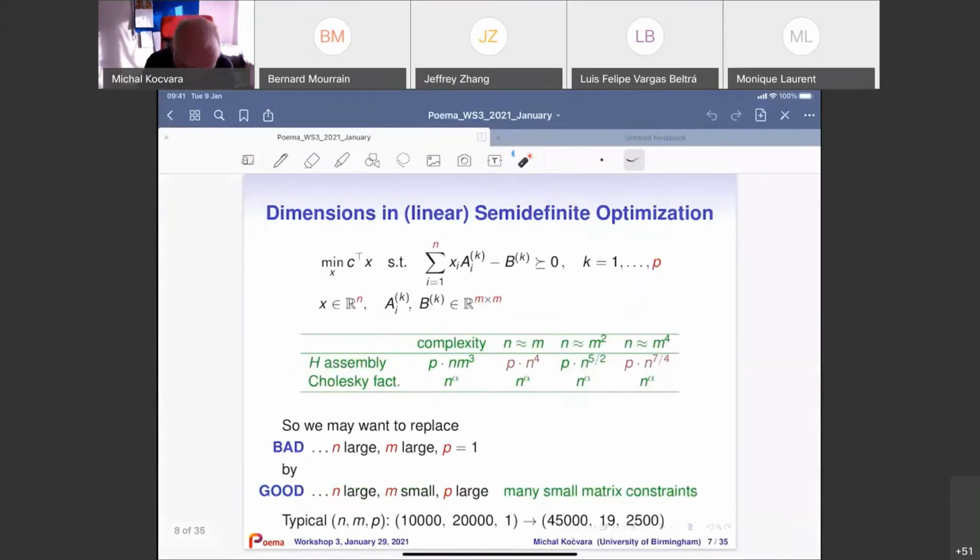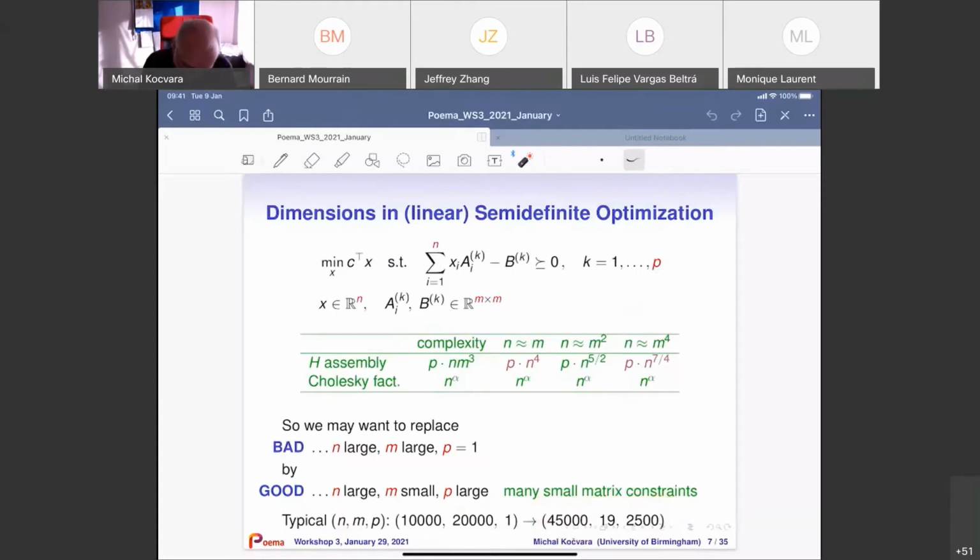And we will see that in a typical situation we will be able to go from this triple of dimensions, so this is n, m, and p. Going from one big matrix inequality with many variables, we will be able to reformulate the problem as a problem of this size.